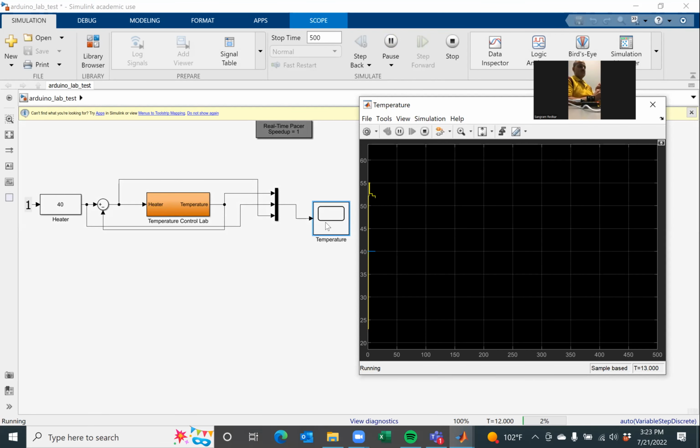So you can see that 40 degrees is the set point, and this temperature is gradually coming down. That is telling me that the P control is working. This is proportional.